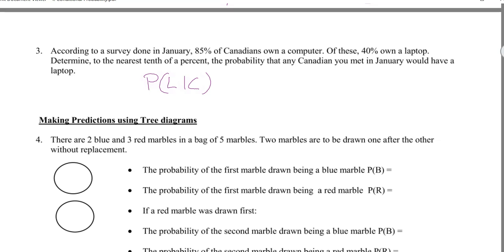So I'm just going to write the formula. It's off the formula sheet. Probability of A intersect B is the probability of A times the probability of B given A. Now, we want to work out probability of B given A. Probability of B given A is probability of A intersect B over the probability of A. And in this case, B is laptop and A is computer.